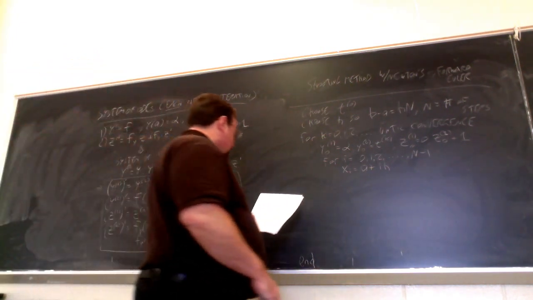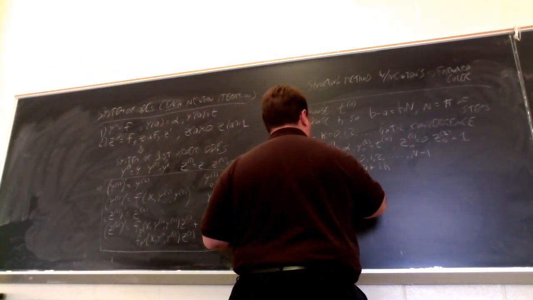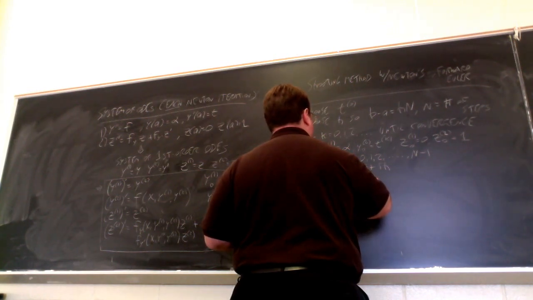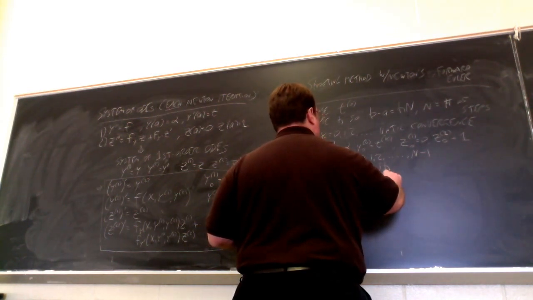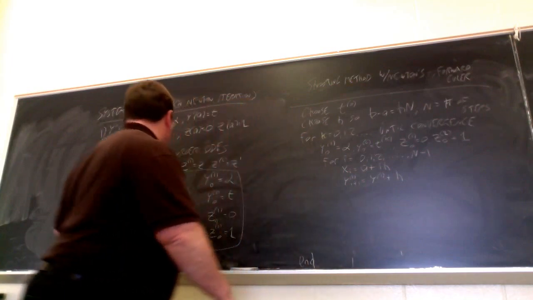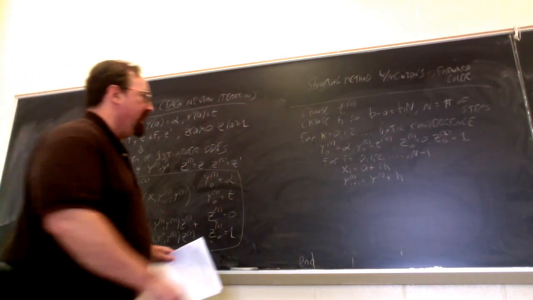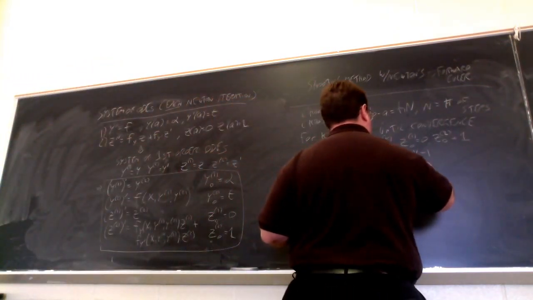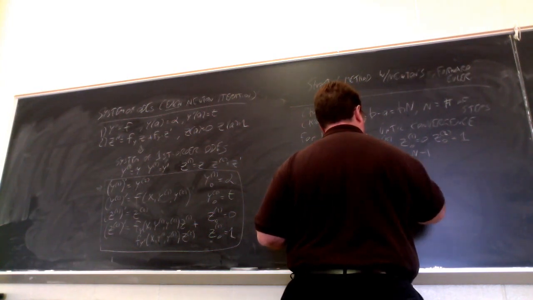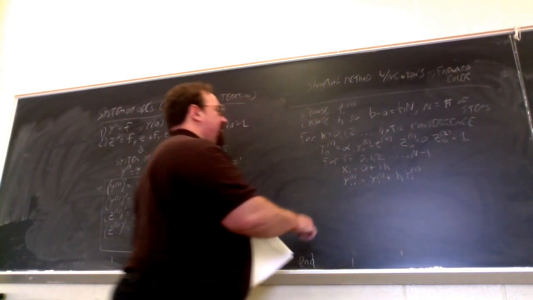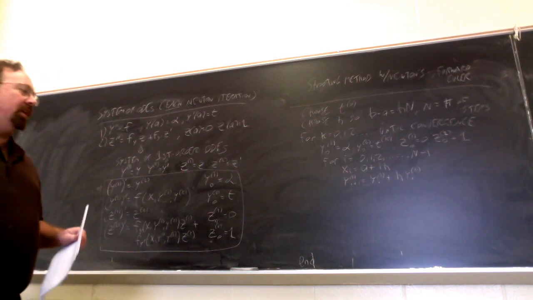to evaluate all these derivatives here. So y1, its time derivative is just y2. So I'll go ahead and put that in here. Now the subscript indicates which time step you're on.